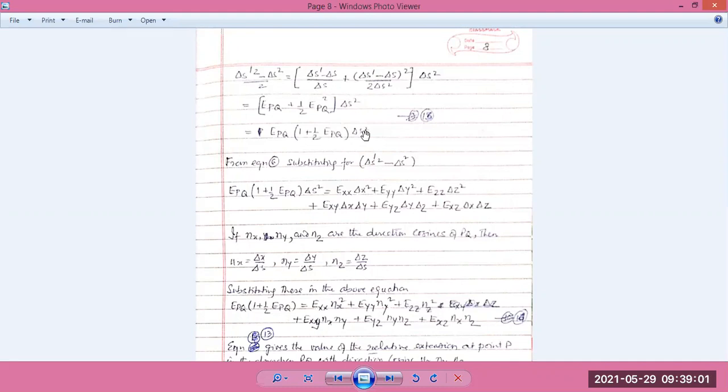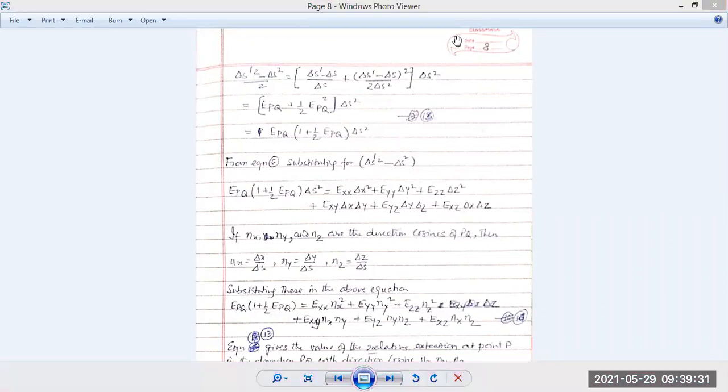Now what we are doing next is going to equation 10 to substitute the value of delta s square by delta s, which is the equation here. This is the particular equation I am showing you again.